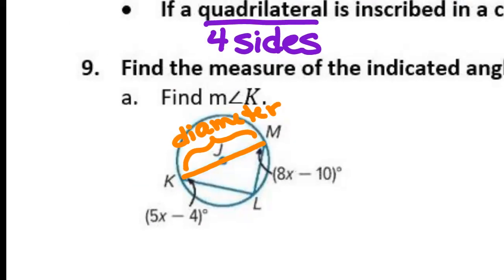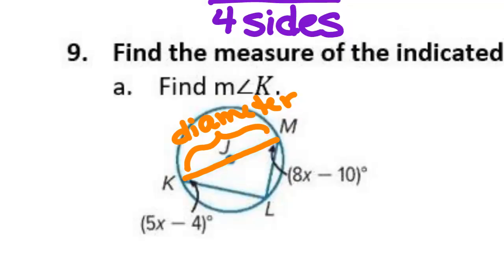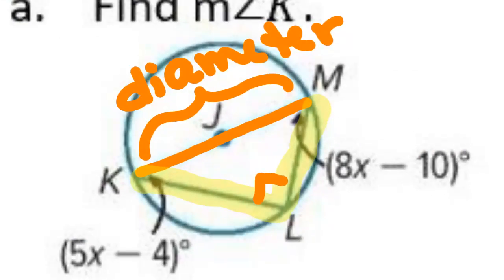Which angle is intercepting that diameter? Angle L is intercepting that diameter. Because it's intercepting a diameter, how big is angle L? 90, yes.